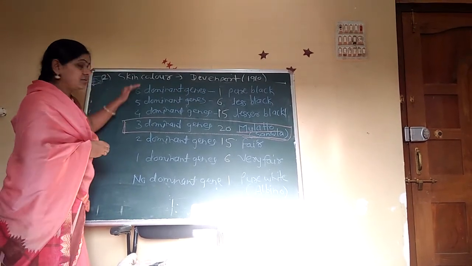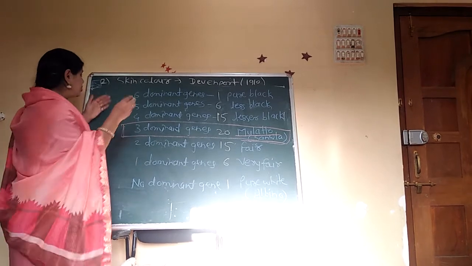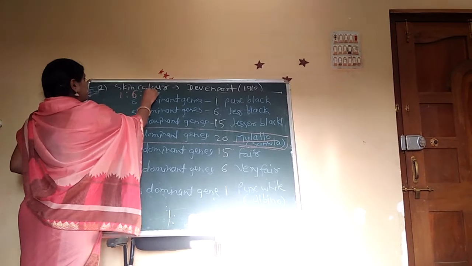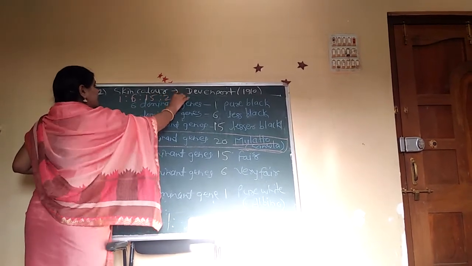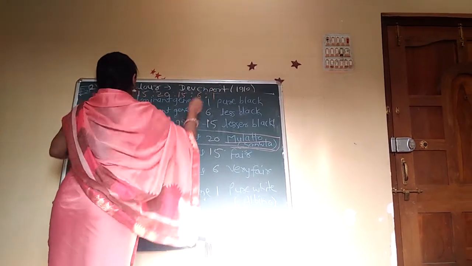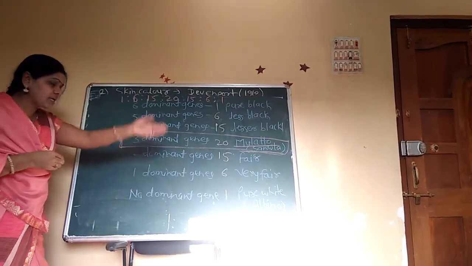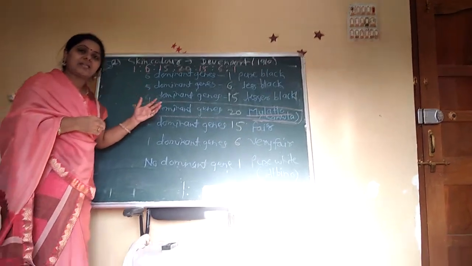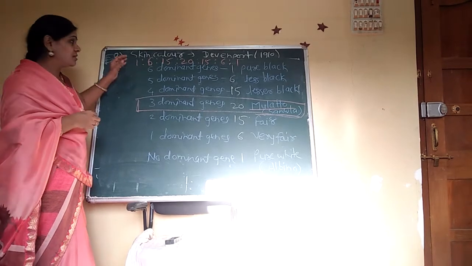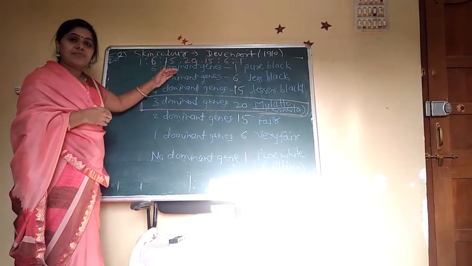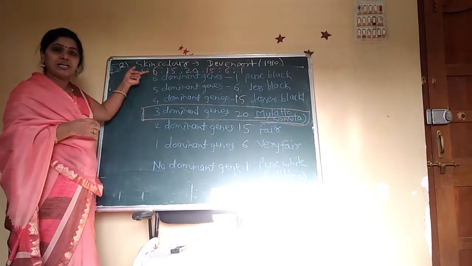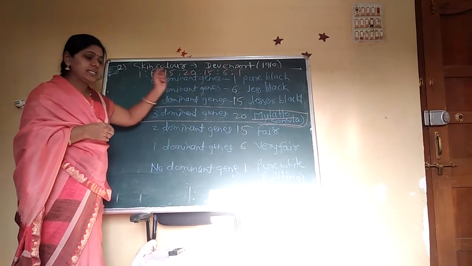Depending on this, the genotypic ratio is 1:6:15:20:15:6:1, with a graphic representation. The kernel color of wheat, which we saw earlier, is also an example of polygenic inheritance, and human skin color is an example of polygenic inheritance.